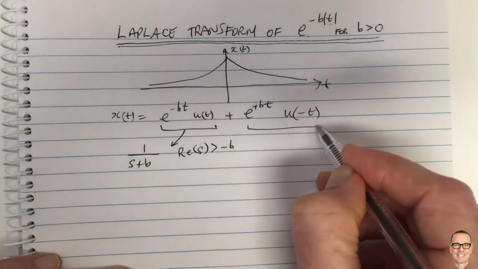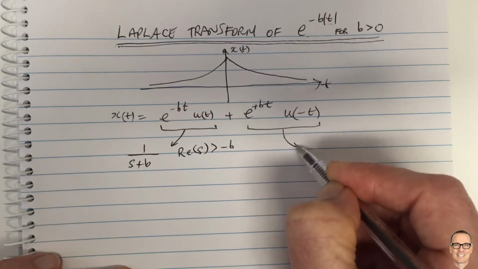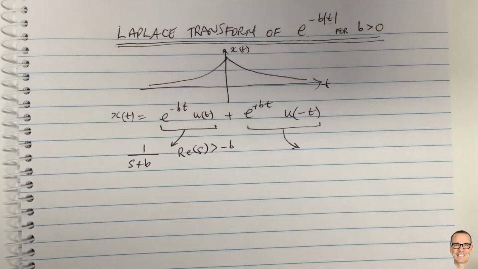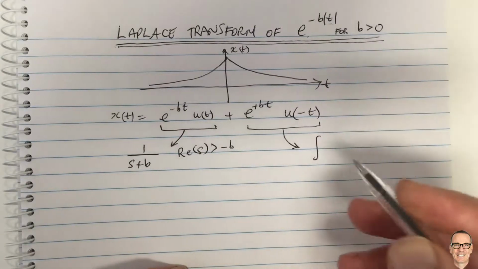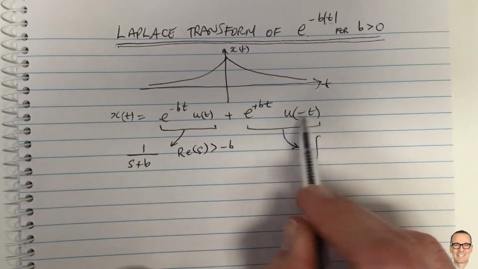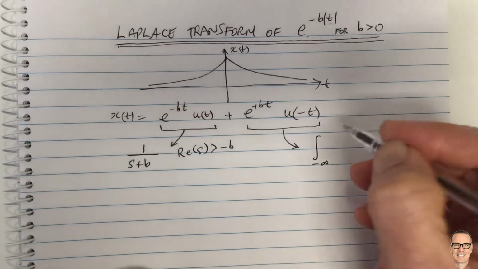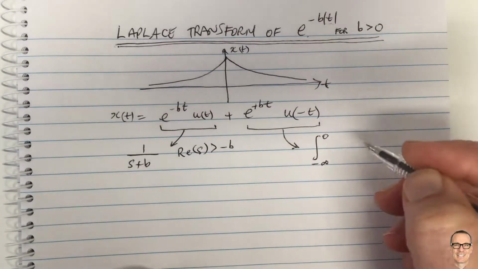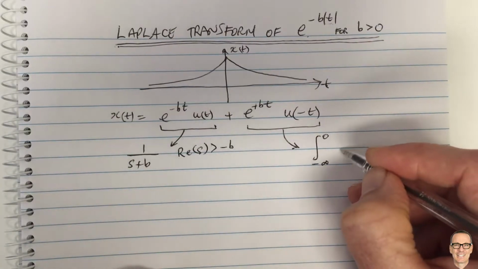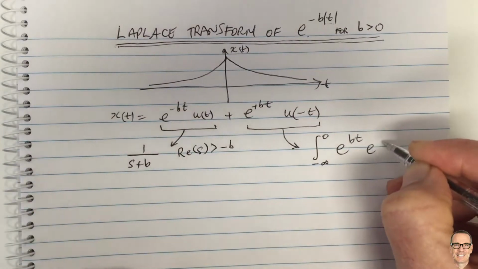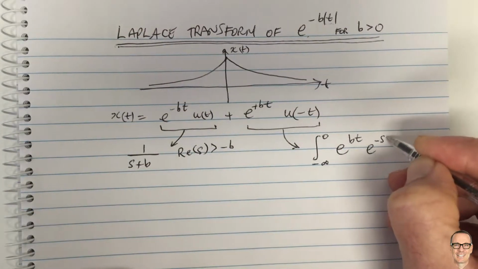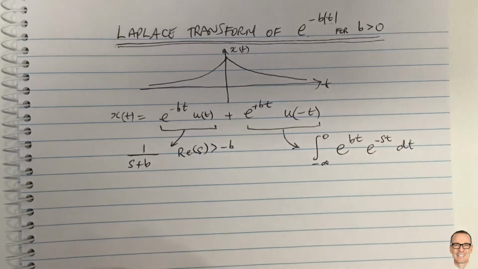So let's actually evaluate this one here, so that we're confident everyone knows the steps. This is the step function in the negative direction, so the Laplace transform would be the integral from negative infinity to 0 of the term e to the bt, times e to the minus st, dt.